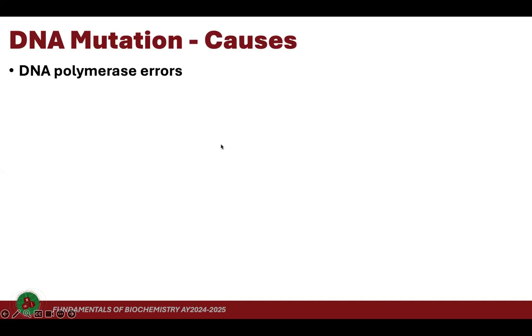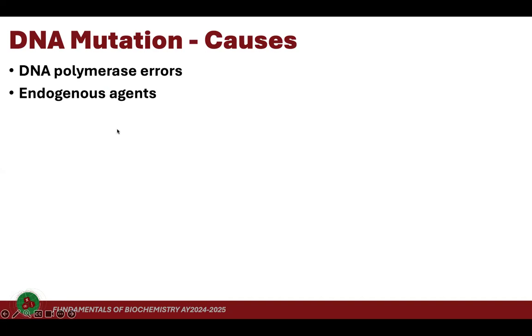So DNA mutation can have several causes aside from what we discussed, the non-enzymatic transformations and the external factors. Your DNA polymerase is not 100% perfect. So while performing replication, it can actually introduce errors, and that can eventually lead to a mutation.